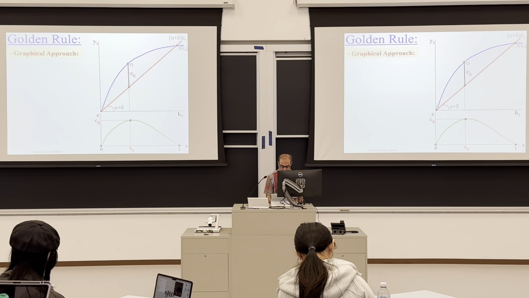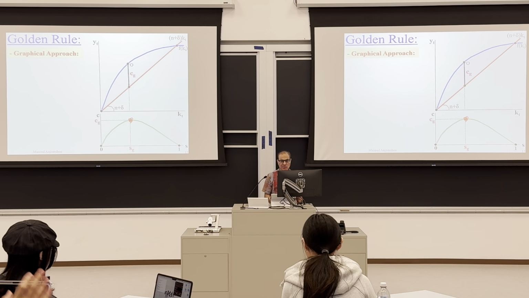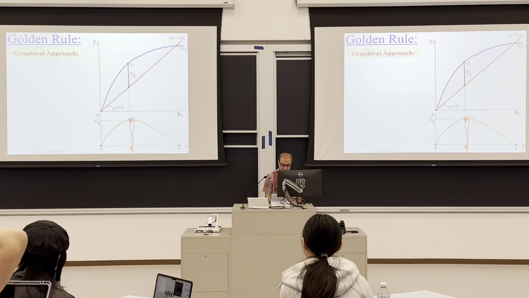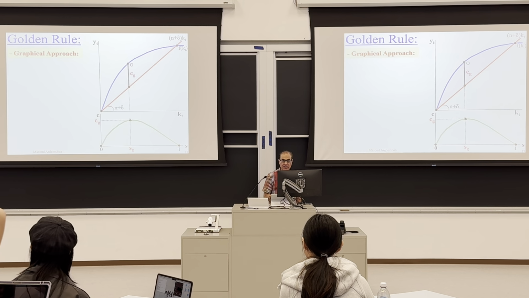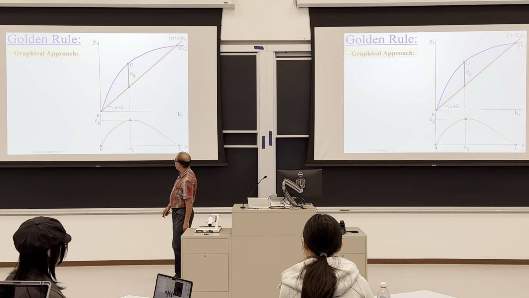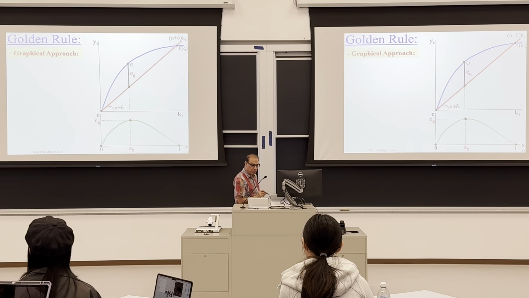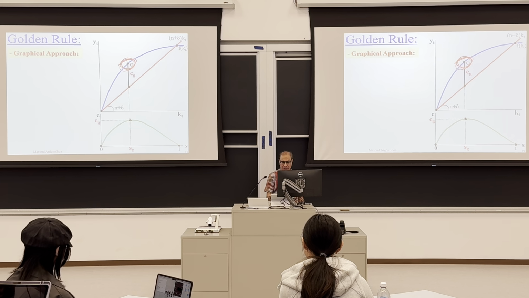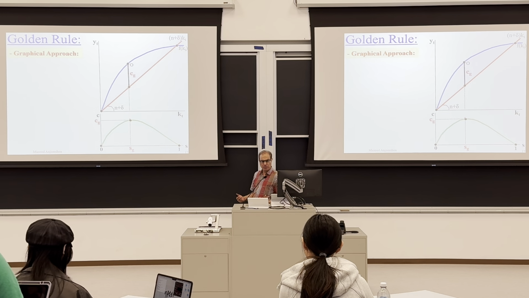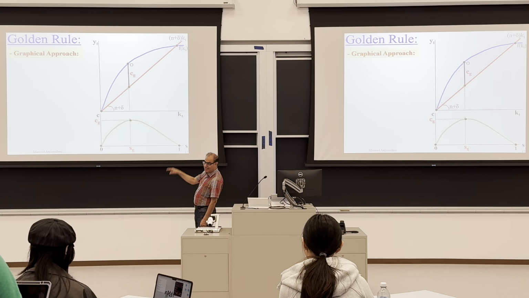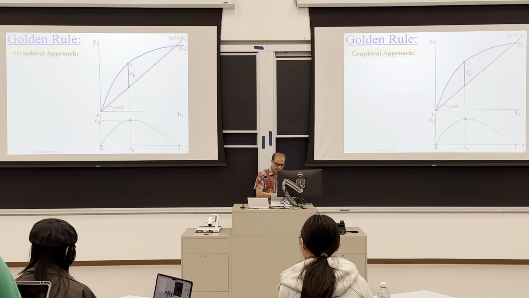You see, I want this s_G. Okay? So, from a graphical point of view, I want this steady-state equilibrium, this point. Do you know what is special about that point, that steady-state equilibrium, point O? Anyone?